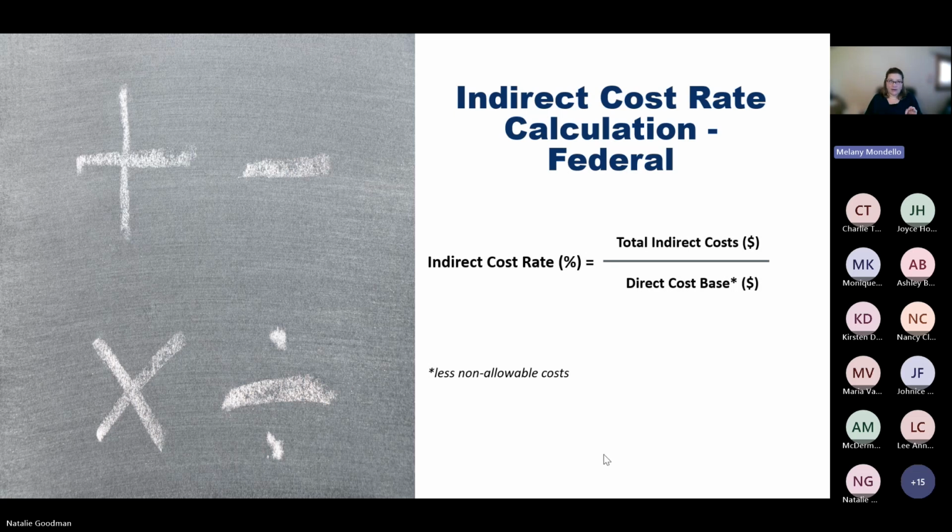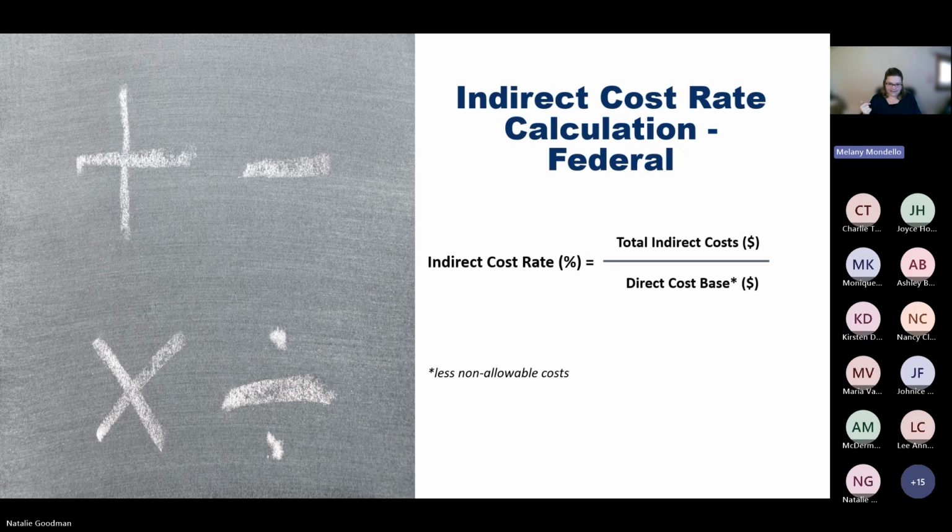It's a very laborious process. It can be worth it, but it is a very long process. And then they look at that and approve or disapprove the percentage that you ask them for. So again, it could be 33%, it could be 50%, it could be 25%. Now that the 15% is de minimis, not everyone maybe wants to go for an individual rate. It might not be worth all the work if you're only going to get 20% versus 15%.